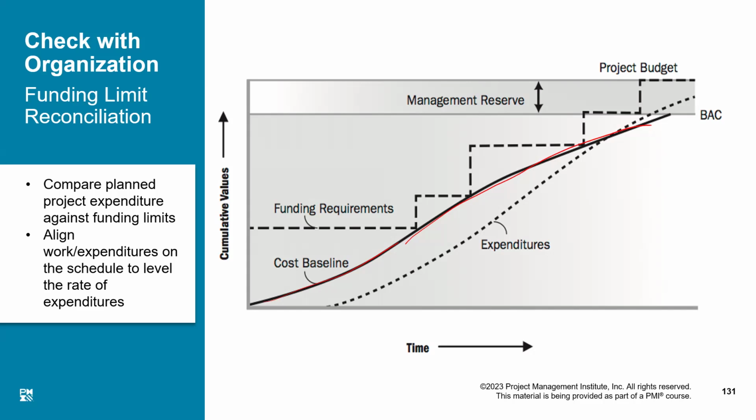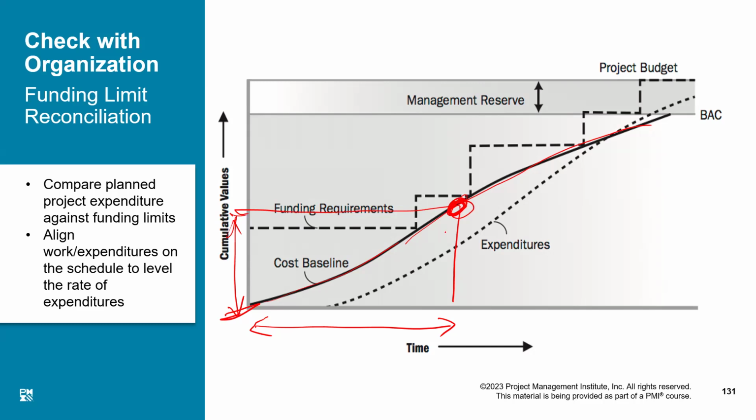Cumulative amount means, if I am talking about this point in time, we should have spent a total of this much money so far. At this point in time, we have spent this much money.